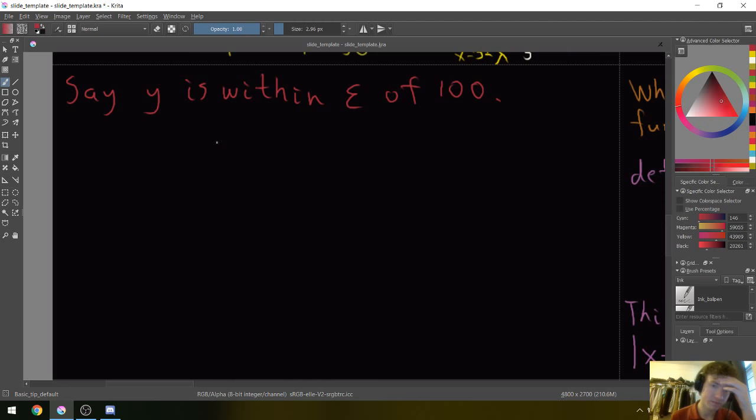So that would be the absolute value of y minus 100 is less than epsilon. Good, yeah. So it's always of the form absolute value of variable of interest, the base point, the point that we're measuring the distance from, a less than or less than equal, and the tolerance. So distance epsilon. Perfect.